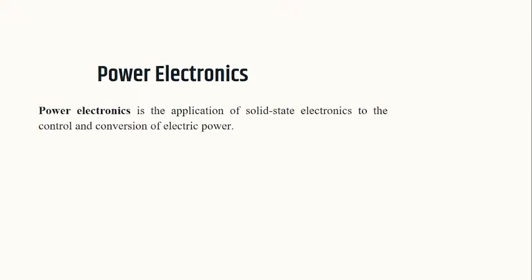In the EV simulation we are using the power electronics model. What is power electronics? In this application, it is solid state electronics to control the conversion of electric power. That's why we are using power electronics.